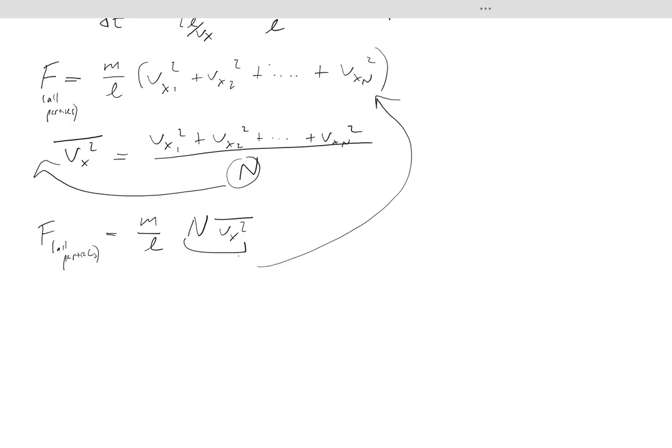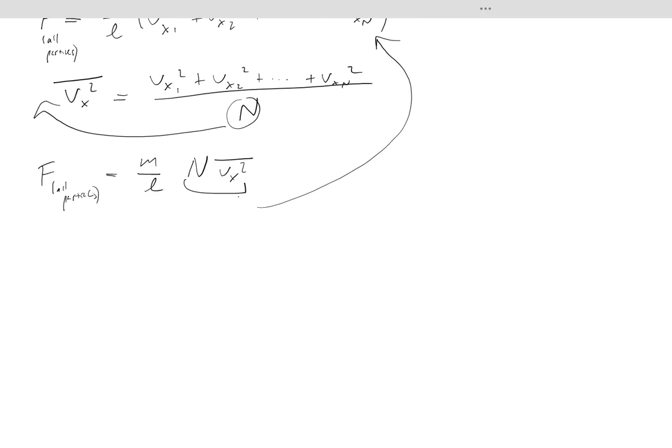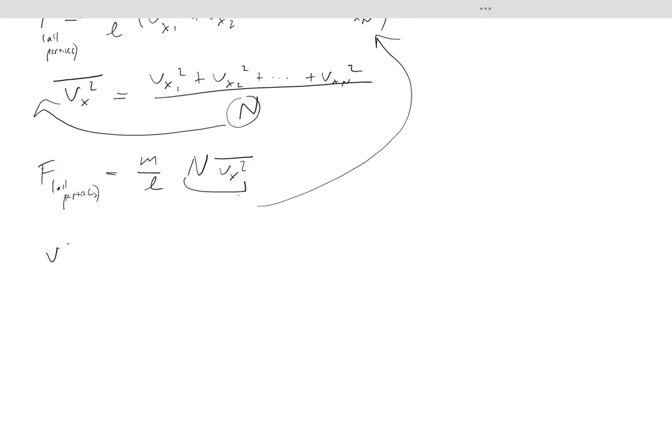We also know that the particles can be moving in one of three directions. So we consider the three-dimensional Pythagorean theorem, and we can assume that the average speed squared is the sum of the individual component averages.